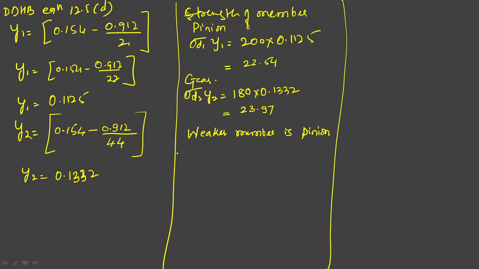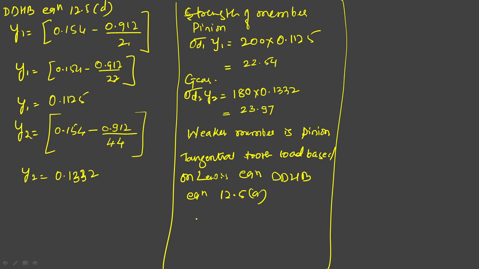Now I will go for the next bit: the tangential tooth load based on Lewis's equation. Notify design data handbook equation number 12.5a. Tangential tooth load Ft equal to pi d1 Cv b y into m.